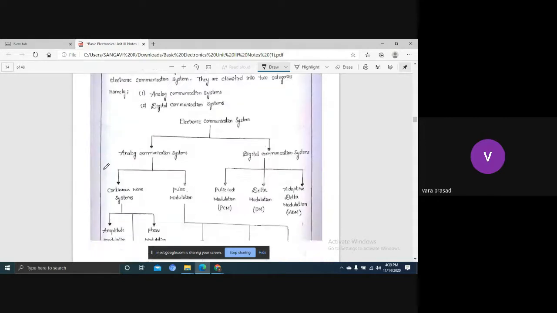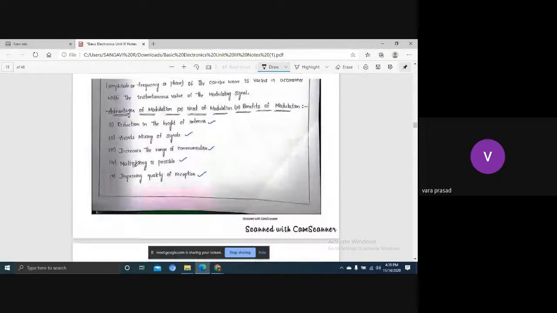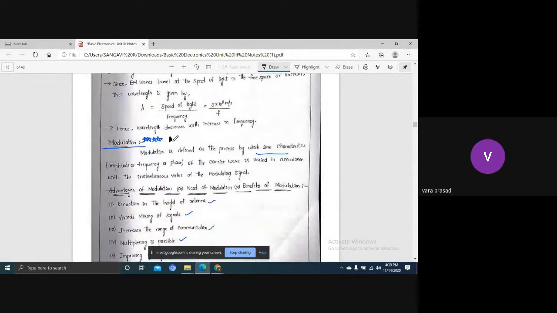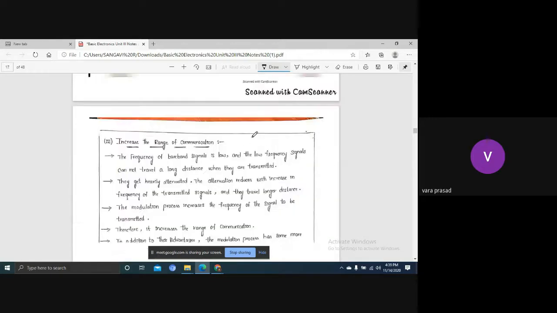This is the third one. Next one: need of modulation. This is the third one. What is modulation? Advantage of modulation. Okay, up to here you can write.